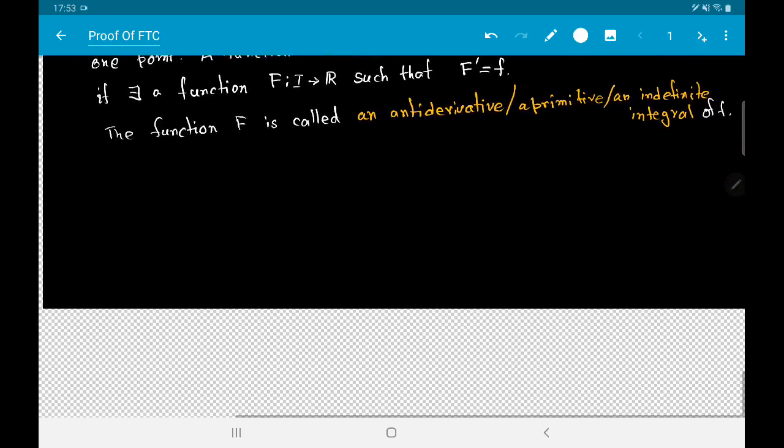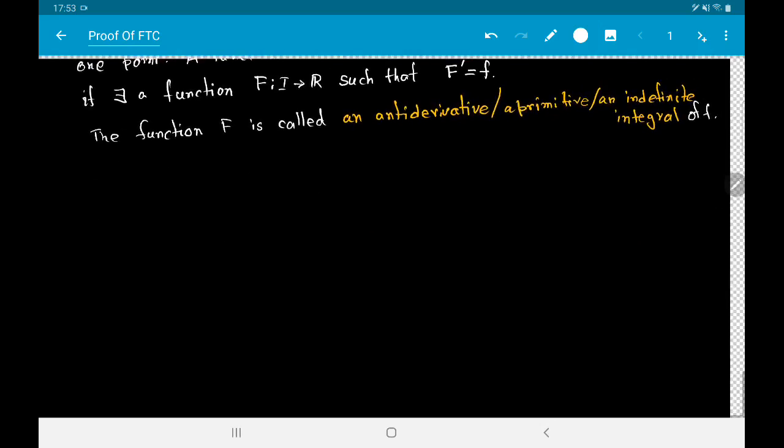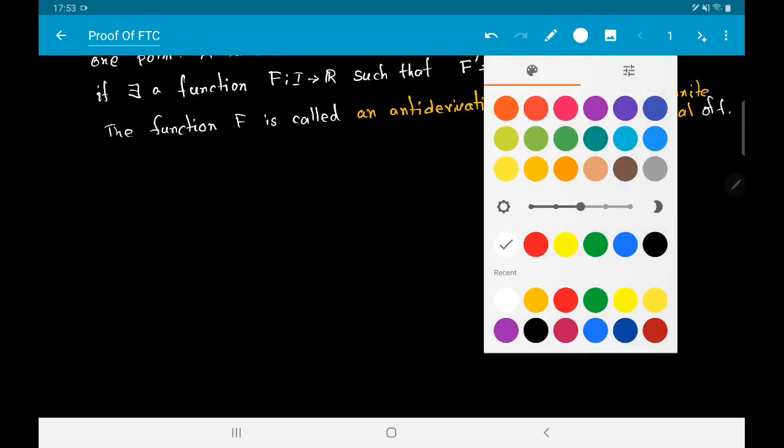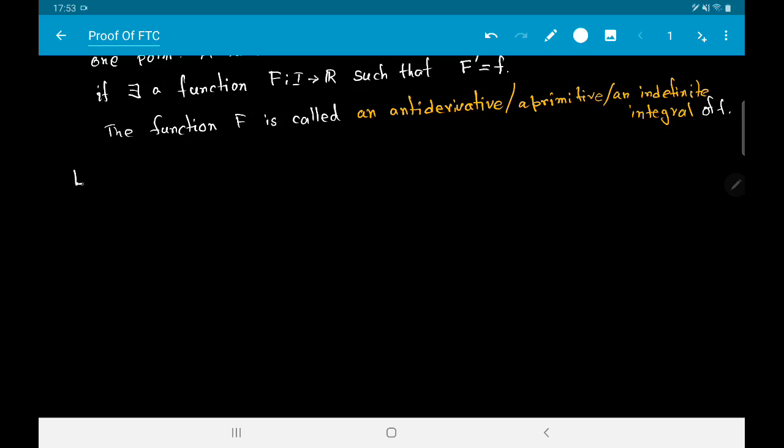So here is the last thing that we are going to do. We finish with this small lemma.